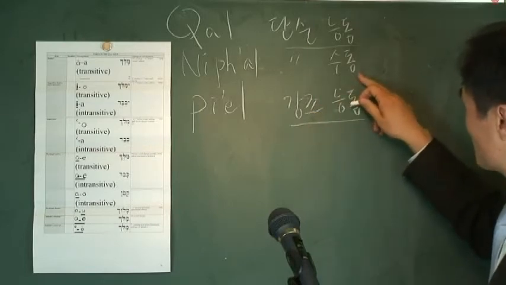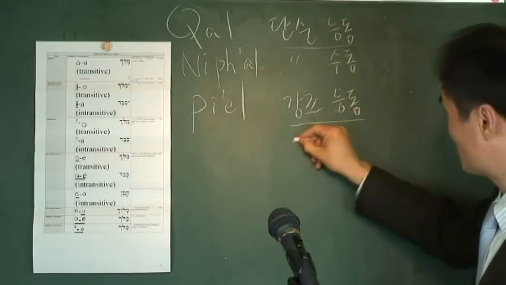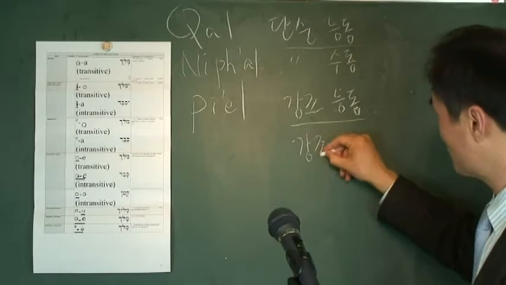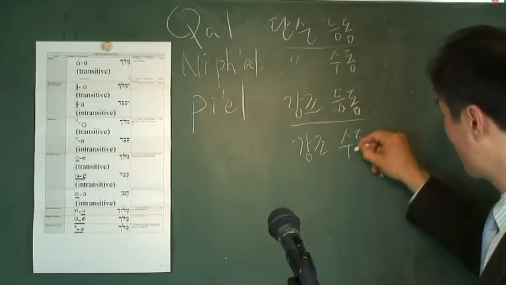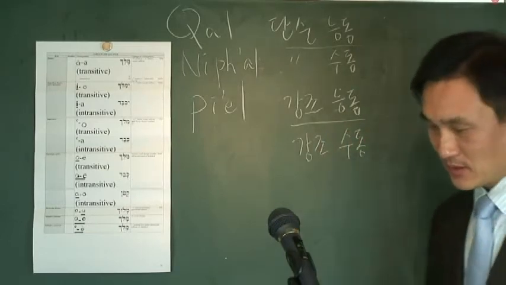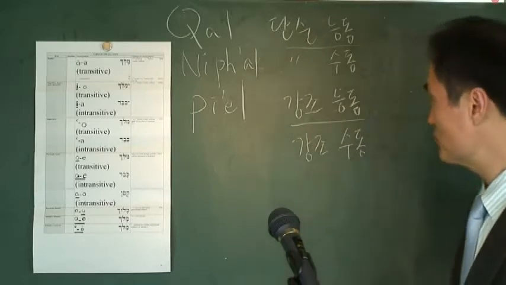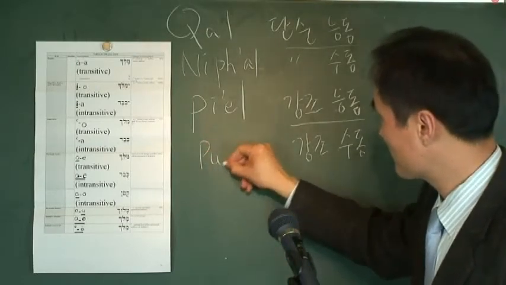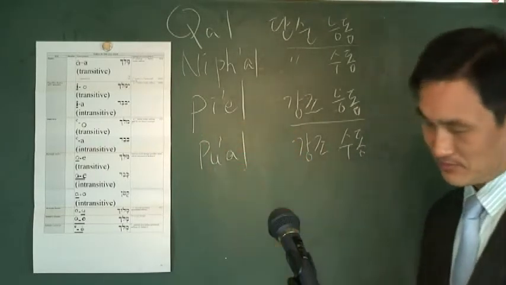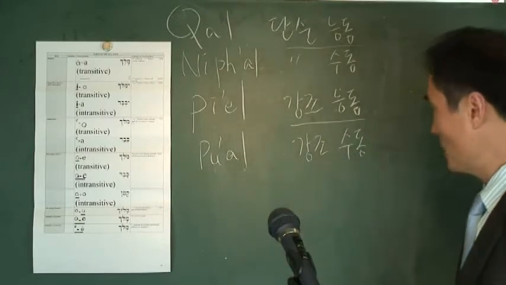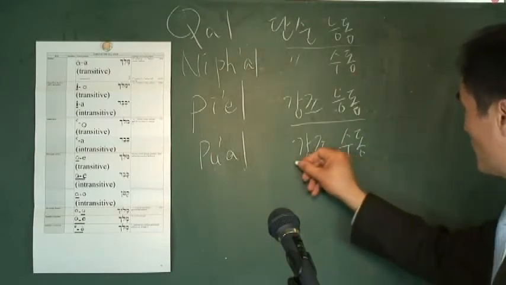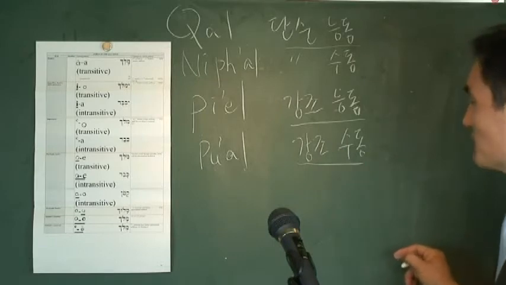The intensive active voice can be passive. The simple passive can be intensified. This is called the intensive passive voice. This is called the pual stem in Hebrew grammar.